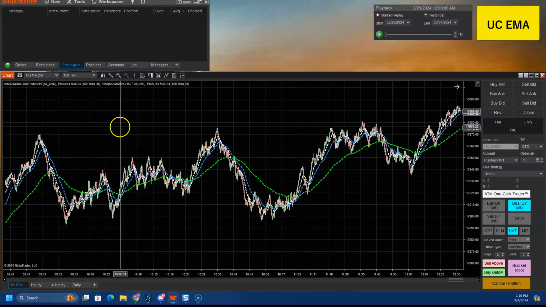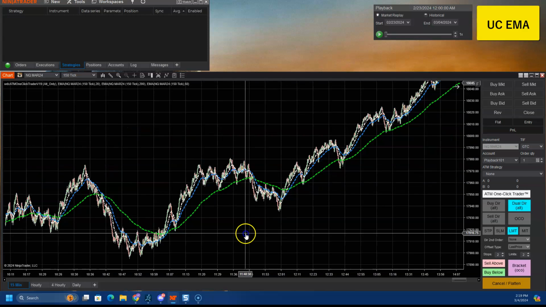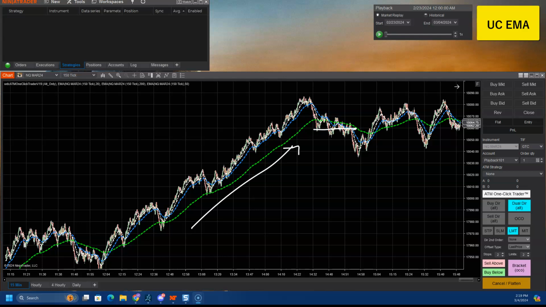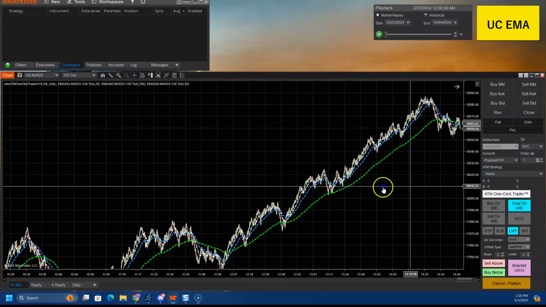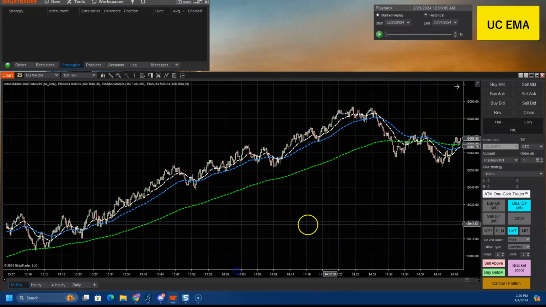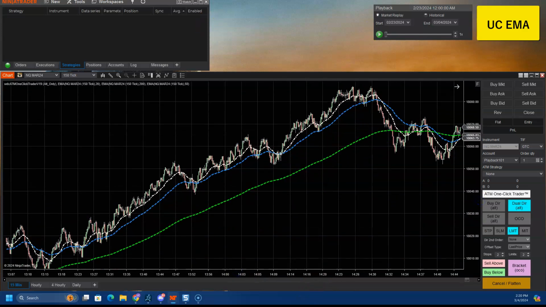So what UC EMA does is that you can configure it to trade in this trendy market or in this sideways market. You can also tell the UC EMA, based on your level of risk aversion, hey, I'm fine catching the trend, but I don't want an aggressive entry here or here.